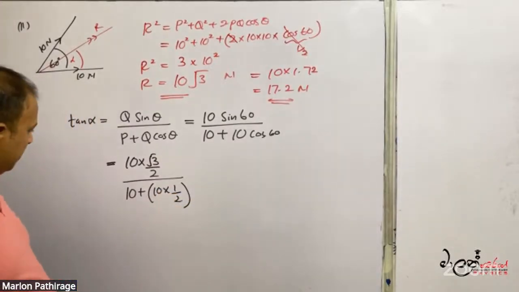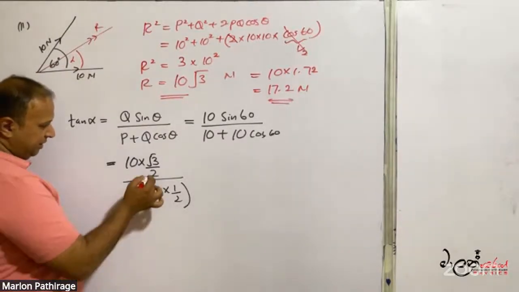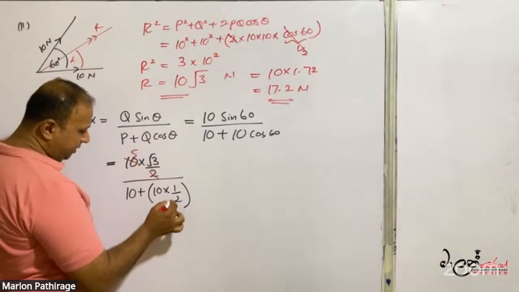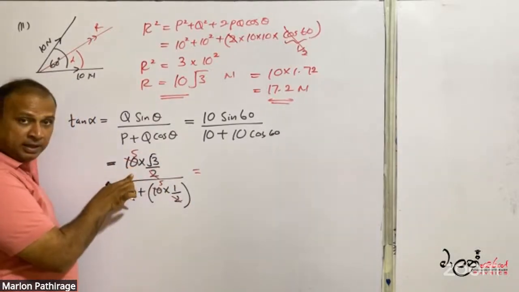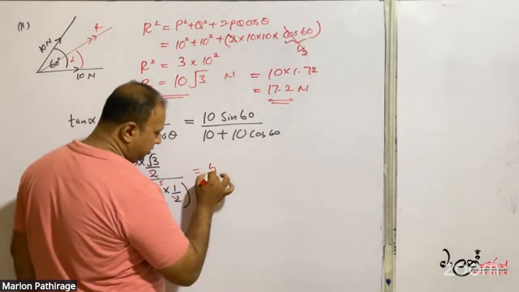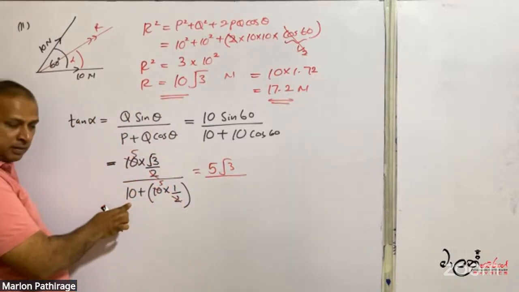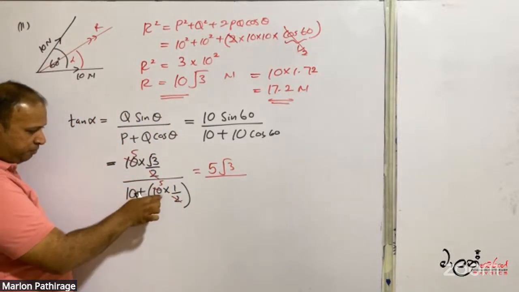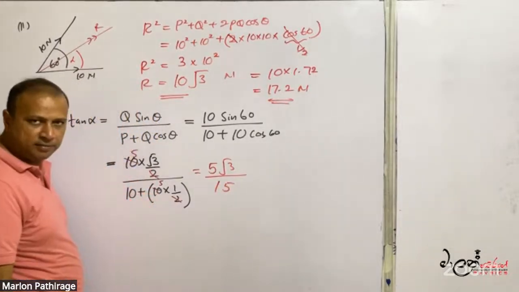Now you need to simplify this. Here 5, here 5. Therefore, in the numerator the answer is 5 times root 3, divided by the denominator 10 plus 5, which is 15.